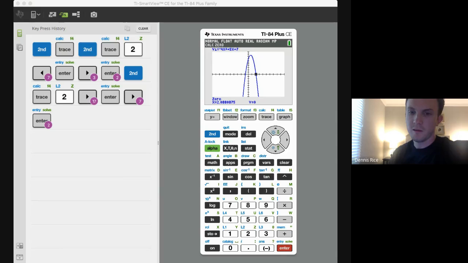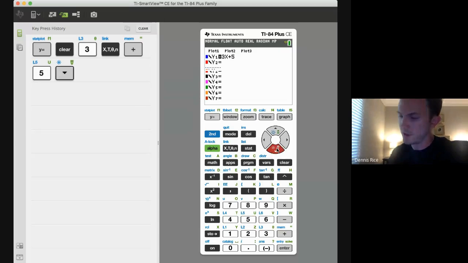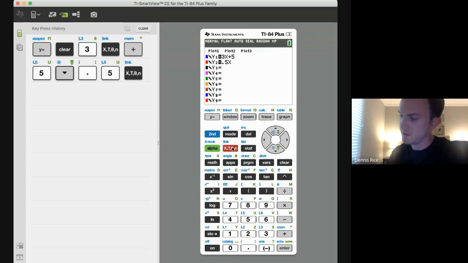Okay. Cool. If we want as well, let me clear out the one we just did. The field test one, we'll go over the intersect feature. So 3x plus 5, I think we all know how to do this one. 3x plus 5, and one half x, it's a lazy way of typing 1/2, minus 4.